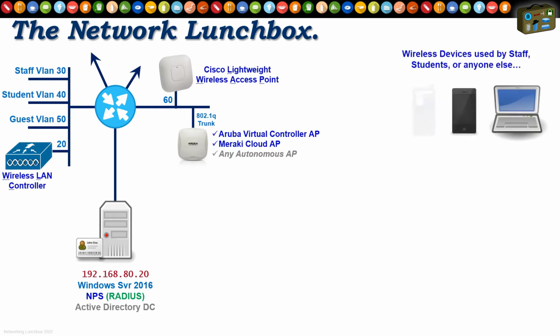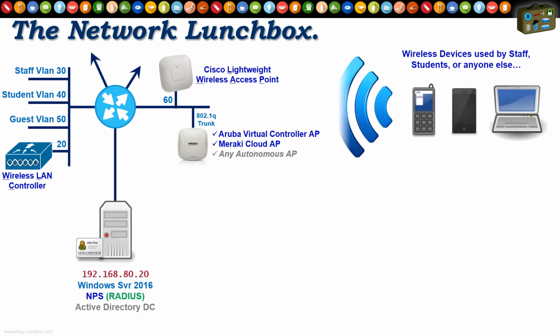Now, one of the best features about our Radius server is you can use it for many different types of authentication. You can have it on your firewall, you can have it for your switches and routers, and you can have it for wireless. Now, I've done a couple of long videos on wireless, so this is just a super overall summary. We've got the staff network, we've got the student network, we've got the guests.